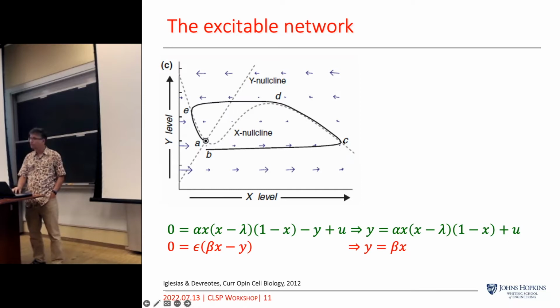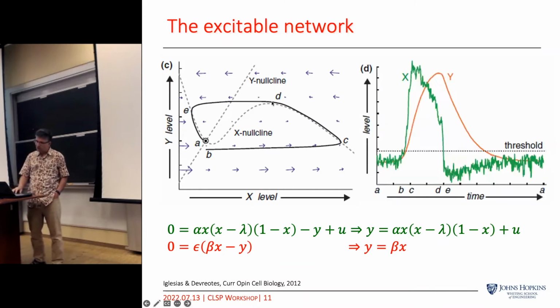At that point, you have crossed the null line, and so now you want to return, but you can't return right away because of the cubic null line. And so what you do is you slowly build up inhibitor, so that eventually you reach this point. At this point, you really can rush back, so you rush back to the left, and eventually slowly return to A. And in the time domain, what these curves look like is this.